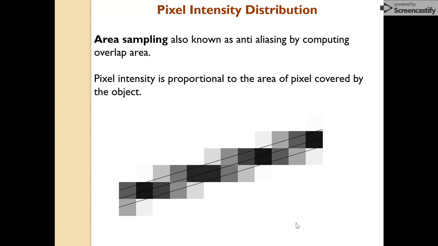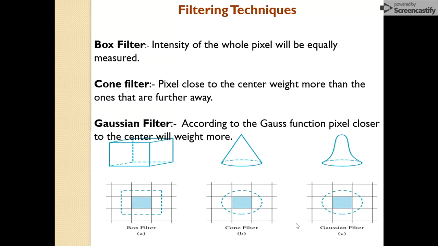Coming to filtering techniques, we have been given some filters such as the box filter, cone filter, and the Gaussian filter. When it comes to the box filter, the intensity of the whole pixel is measured equally throughout the box. The box filter is used in unweighted area sampling, where the filter is not ideal as it will make our image blurred.